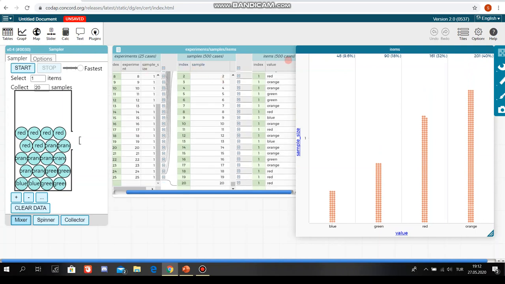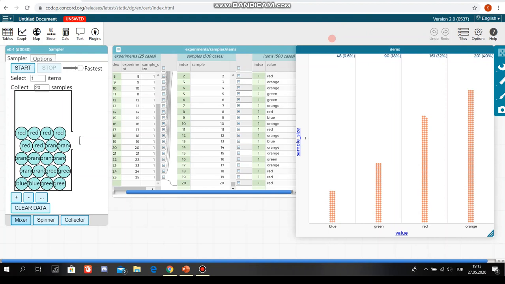We did 500 cases and 25 experiments, which means we pick marbles from the box 25 times. And now, think about our graph a little bit and tell me what you see.